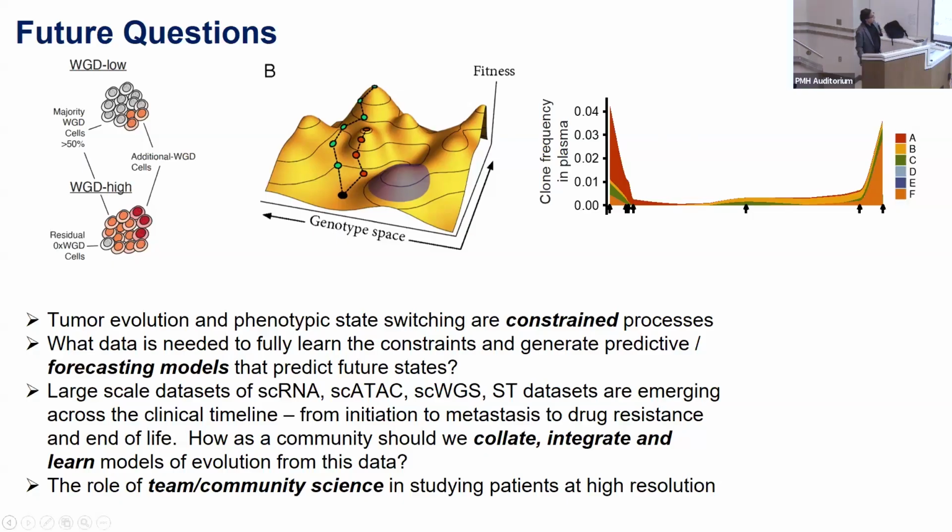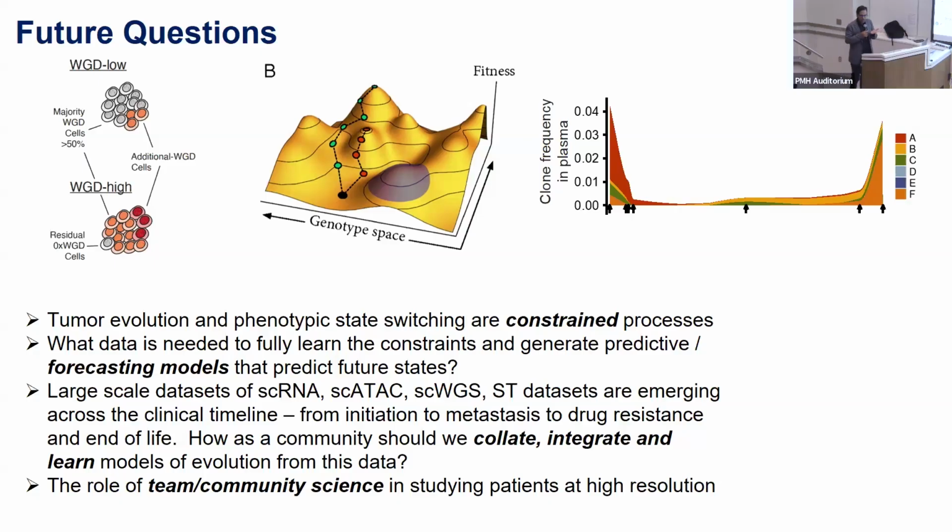So I think we can ask the question of what data is actually needed to fully learn these constraints and generate predictive and forecasting models that predict future states. Likely what's needed is multimodal, large-scale single-cell data sets, and they are emerging across the clinical timeline. There are lots of different studies in many institutions. As a community, can we collate and integrate this data to learn the large language models of tumor biology?